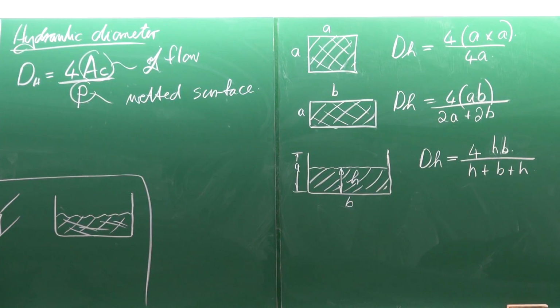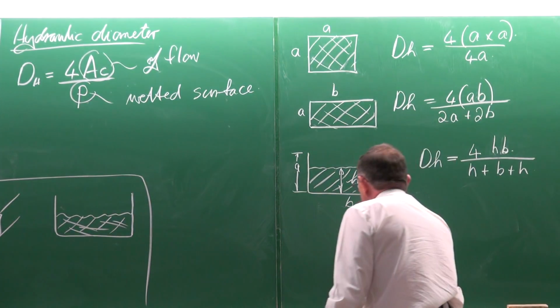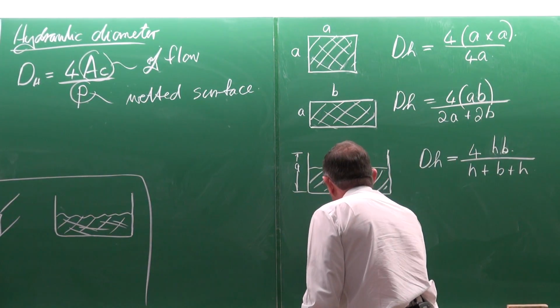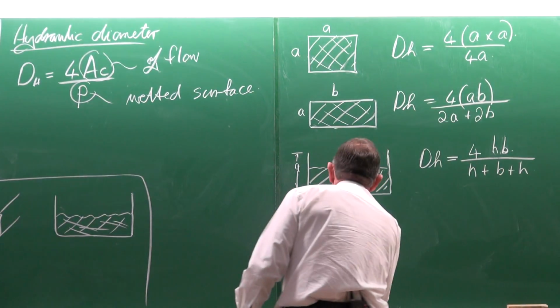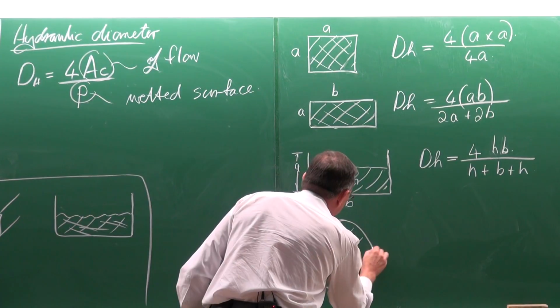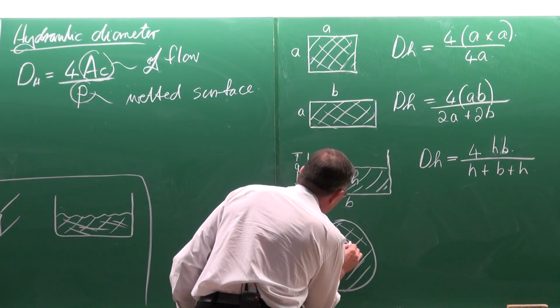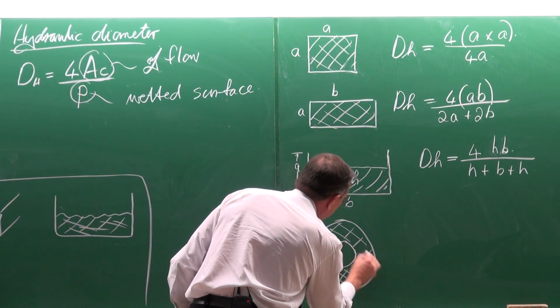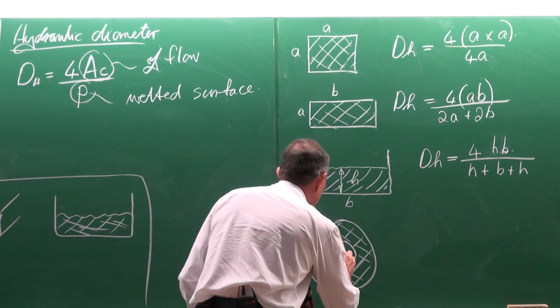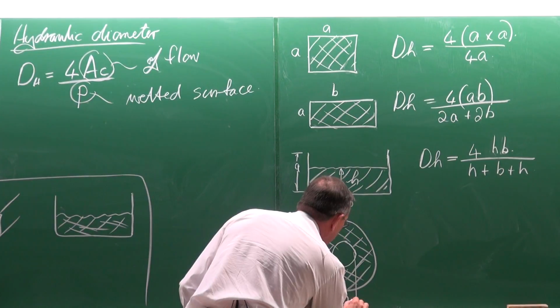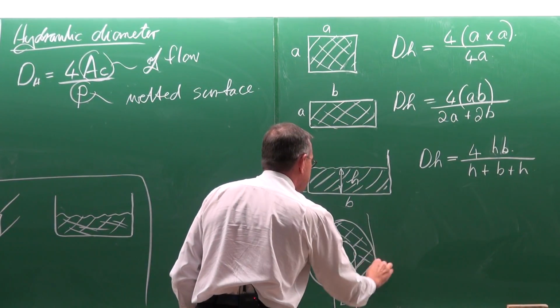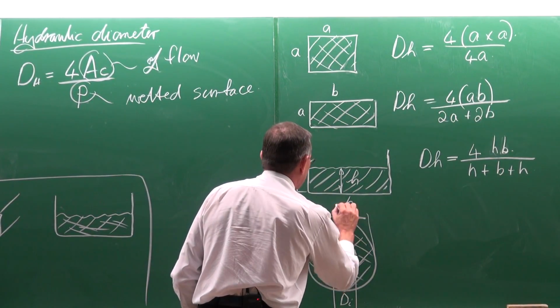The other one that we're actually going to use a lot is the annulus. This one, where the flow is between two tubes. So that part is where the flow is. That is d_i, the internal diameter, and that is d_0, the outer one.